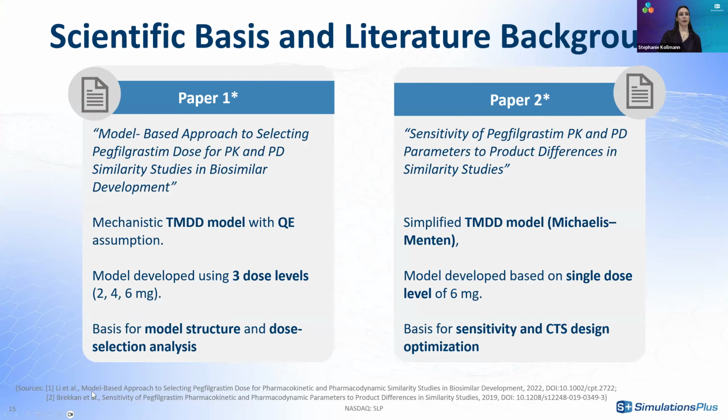It's the Lee et al. paper, the first paper that gives basically the mechanistic foundation of our case study. You find the source listed here, and the DOI, where you can find in the additional material the NONMEM model.